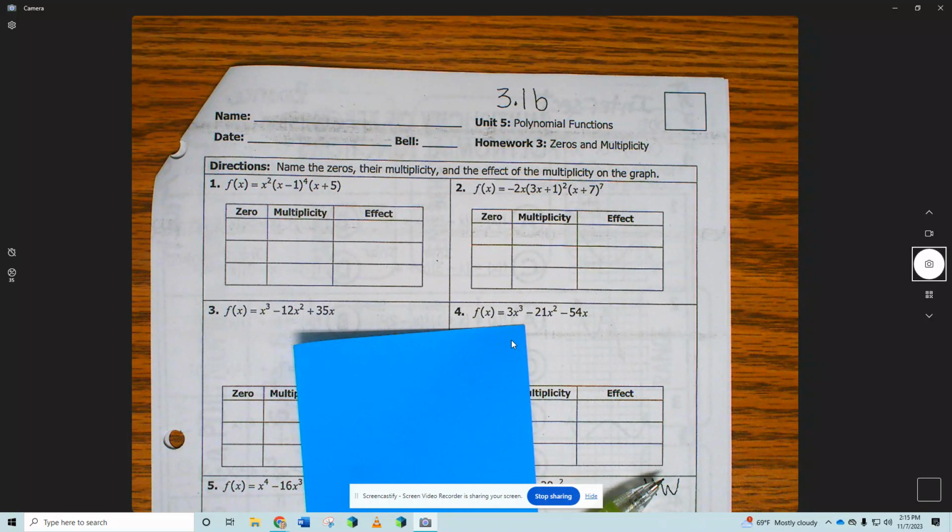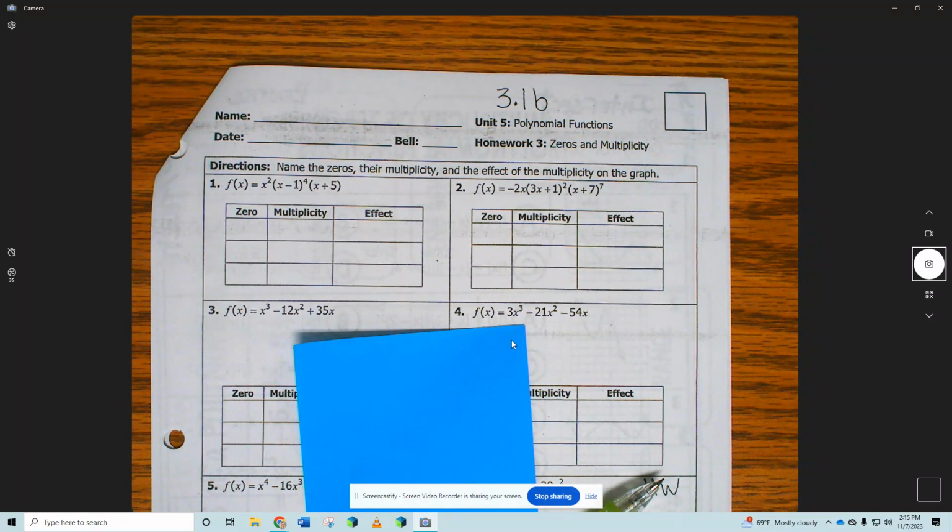So right now I'm going to start to talk about crossing and bouncing. Odd exponents are always going to cross. Even exponents are always going to bounce. But you know this because you've been graphing these for 2 years in high school.